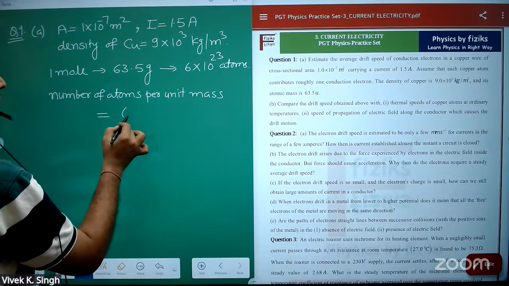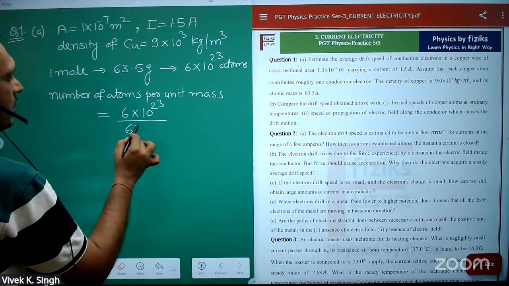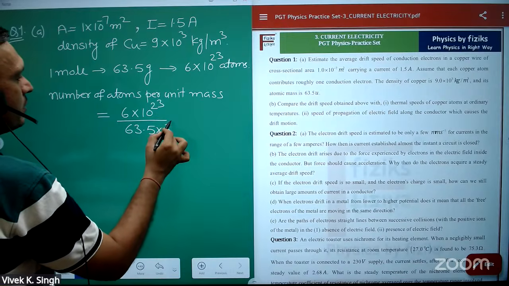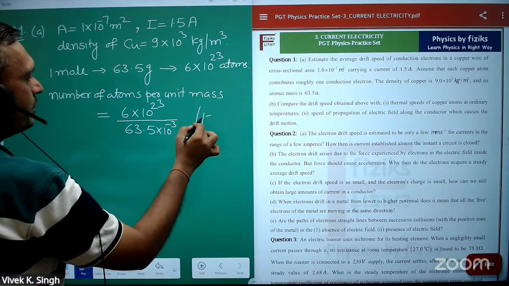This will be given by 6 into 10 to power 23 divided by 63.5 into 10 to power minus 3, per kg.